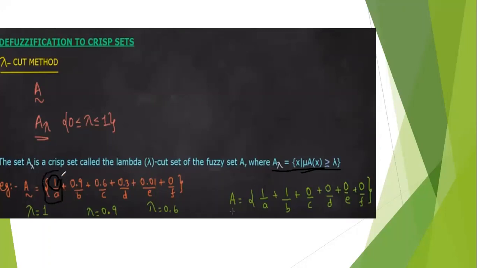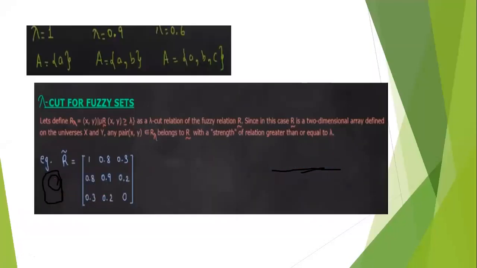When lambda is equal to 0.9, both these terms come into the picture, the A term as well as the B term. For lambda equal to 0.6, you will get 3 terms, A, B and C.